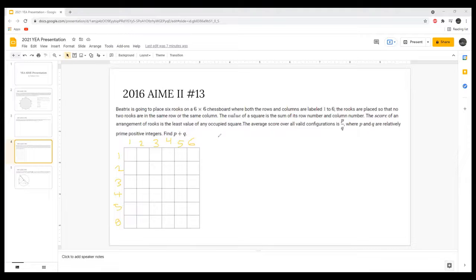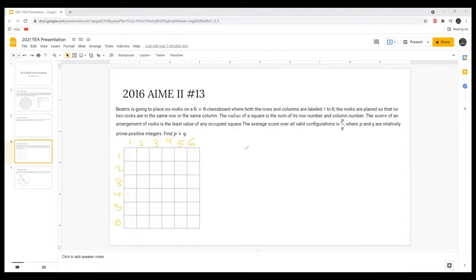Okay, so we know that we are looking for the average score over all valid configurations of 6 rooks, and the score is the least value of any occupied square. So since there must be a rook in this square, we know the maximum possible value of the score cannot be greater than 1 plus 6, which is equal to 7.